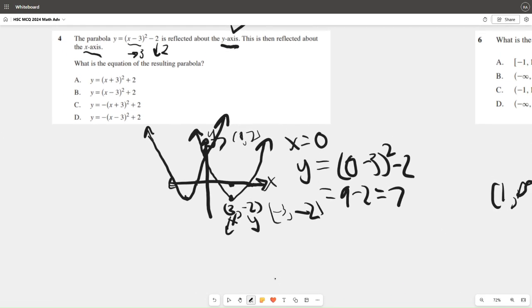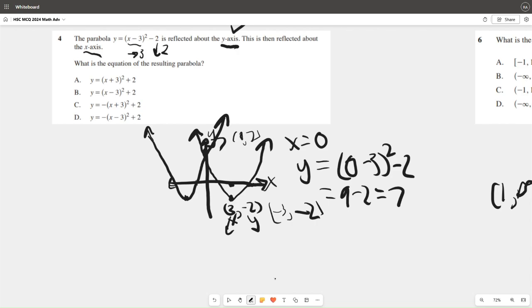So for the x-axis, it's kind of the same as when it's reflected about the y-axis. We keep all the x values the same, and we flip the y values, right? Whereas for the reflection about the y-axis, we kept all the y values the same and made the x values opposite.